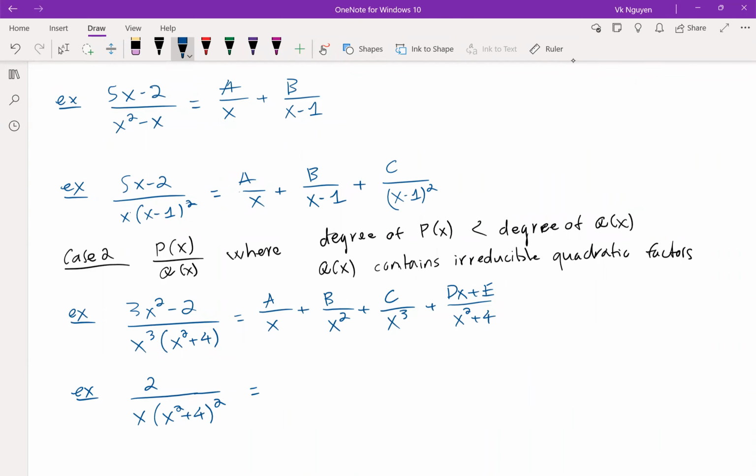Similarly to the case of a linear factor to the power of 2 or 3, the fraction would be A over x plus (Bx plus C) over (x squared plus 4), and then we have another one, (Dx plus E) over (x squared plus 4) squared.